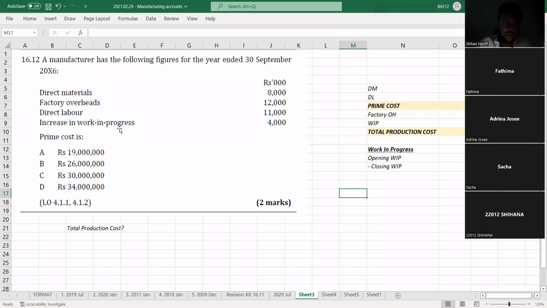So the question is to calculate the prime cost.